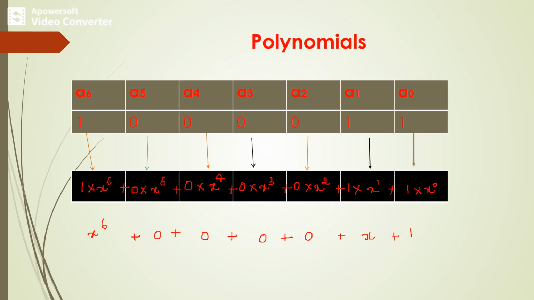So on simplification we can write the equation as x power 6 plus x plus 1. The given code word, or binary word, in this case was 1 0 0 0 0 1 1. So the same thing can be represented using a polynomial as x power 6 plus x plus 1.